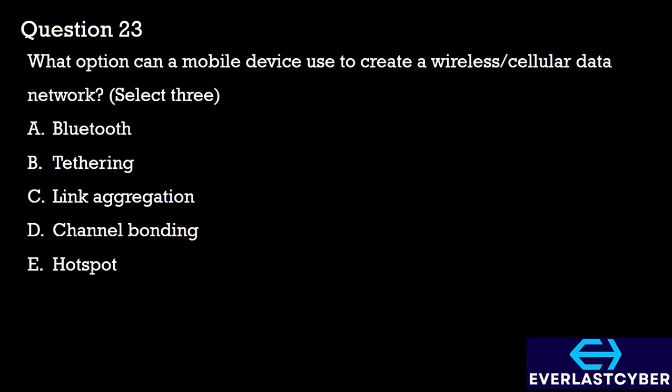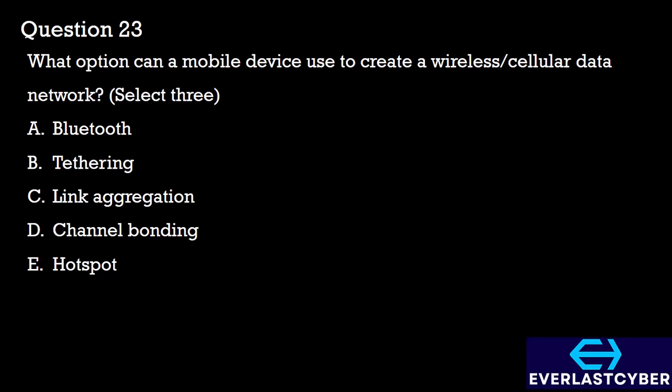Link aggregation is a technique that combines multiple network connections to increase bandwidth or redundancy. Channel bonding combines multiple channels to increase the network throughput, usually in Wi-Fi networks. However, it is not used to create a cellular data network from a mobile device.